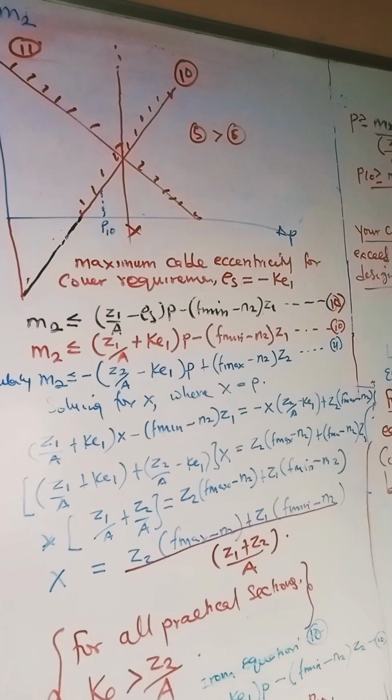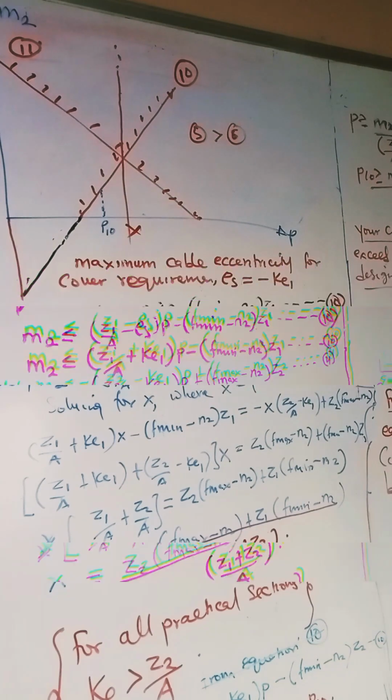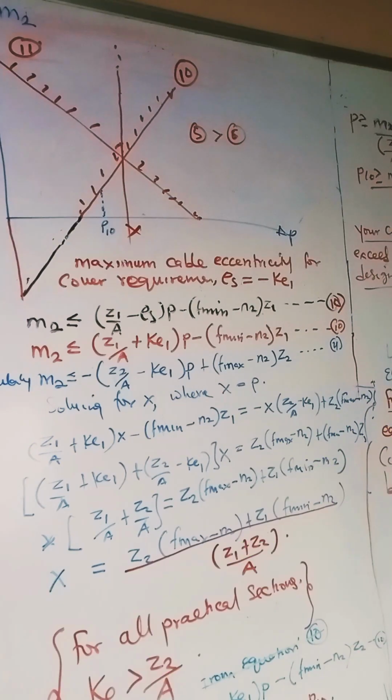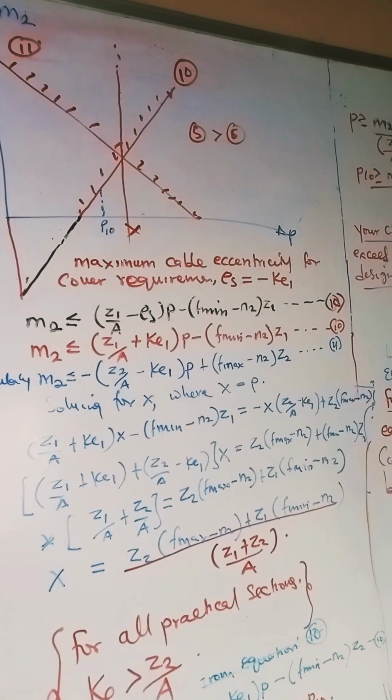Remember that we've taken a sign convention that eccentricity below our neutral axis should be assigned negative. So we have Ke1, which is the maximum cable eccentricity for cover requirements, and we are calling it negative Ke1. We substitute it into equation 10, which we've gotten before.